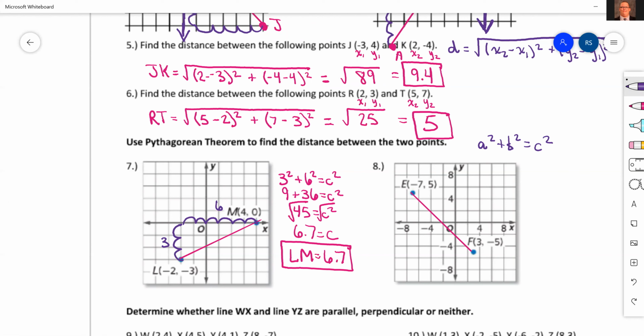Now let's see how much they move. We go down 2, 4, 6, 8, 10. We go down 10 and over 2, 4, 6, 8, 10.